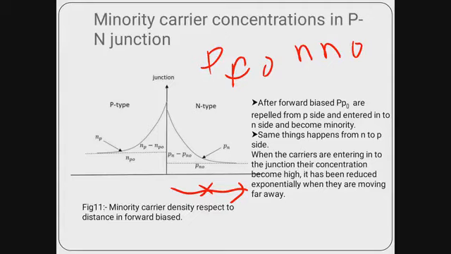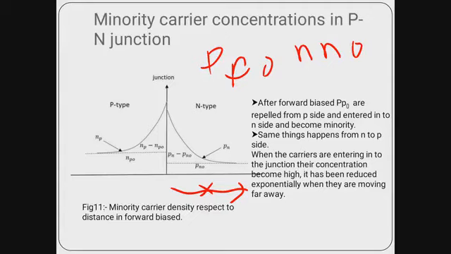Okay, so when we remove the excess minority carriers Np minus Np0 and Pn minus Pn0, it comes into the open circuit or the equilibrium state. That means the diode does not conduct either in forward or in reverse. From that it comes into the steady state reverse biased condition.